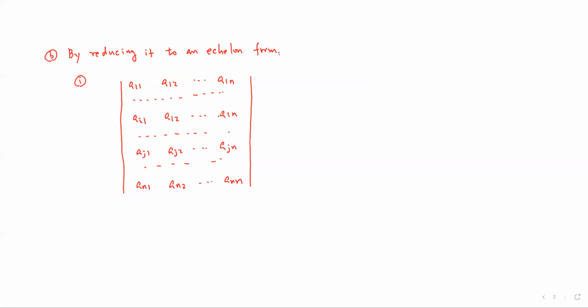Now I interchange row i and row j. Here is row j, and row i here.